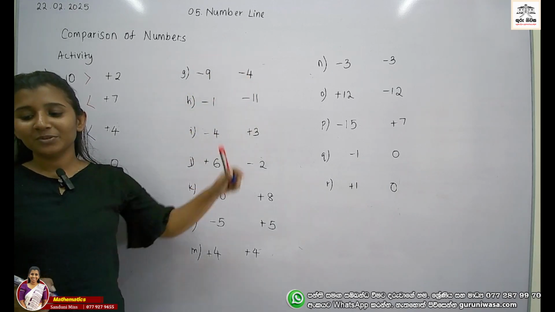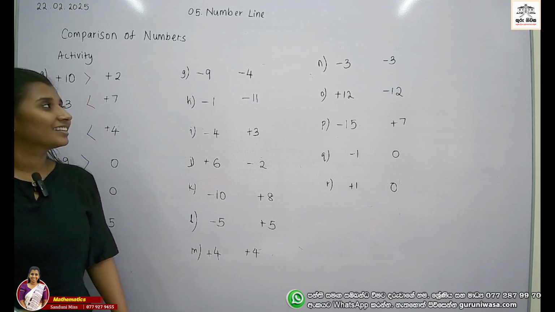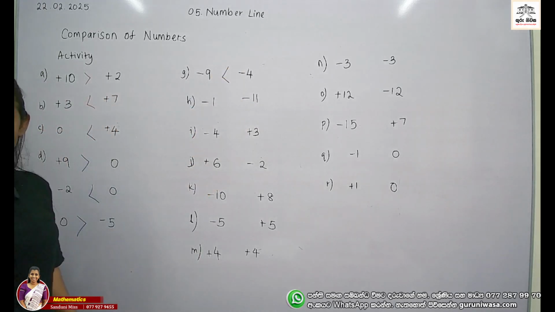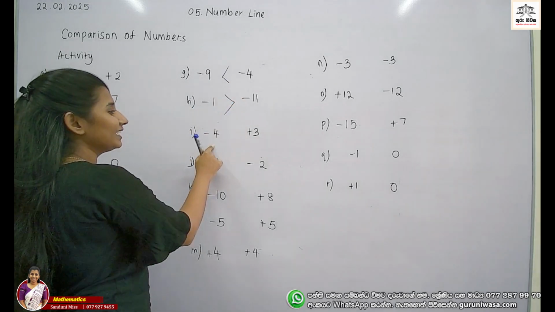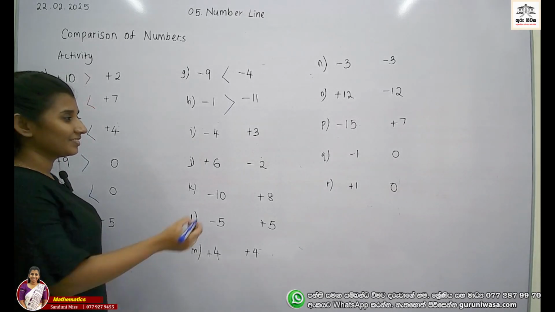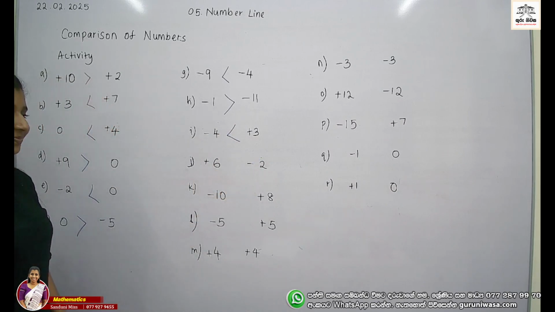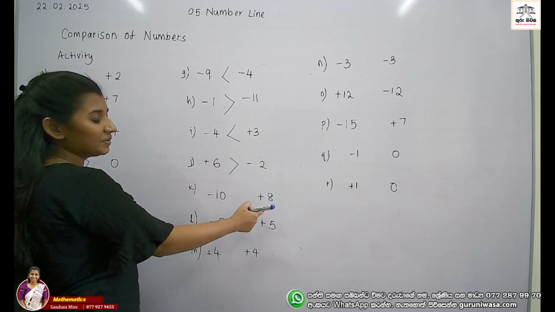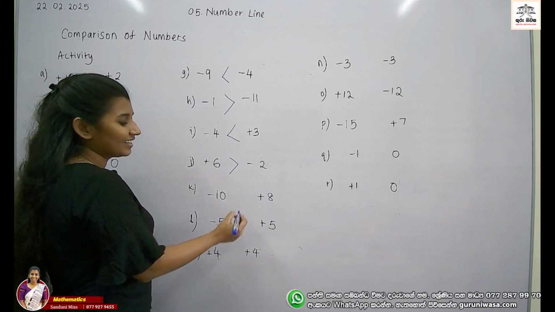This one. Negative 9, negative 4. Negative 4. Very good. Negative 1, negative 11. Negative 1. Very good. Negative 4, positive 3. Positive 3. Good. Positive 6, negative 2. Positive 6. Excellent. Negative 10, positive 8. Positive 8.